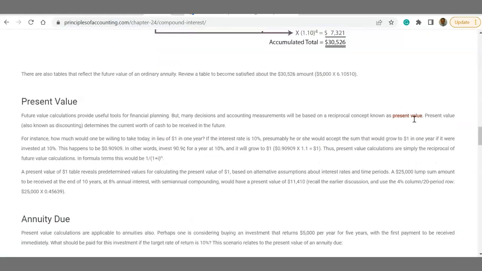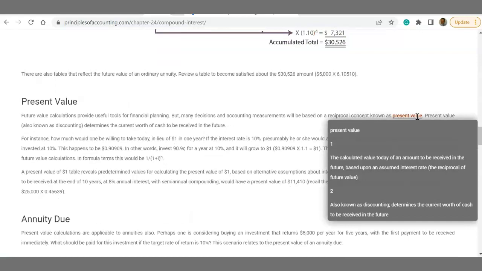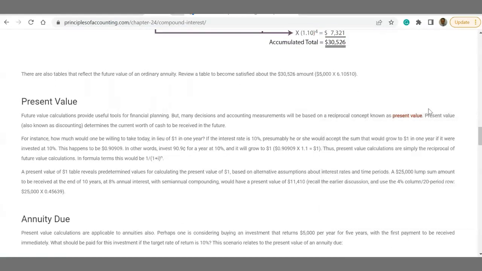And present value is the present value of the dollar amount. It might be a lump sum. It might be an annuity, a series of payments. What's the present value of that? And for that, you have to look at the present value table. If it's just a one-time payment, one amount, then you look at present value of $1.